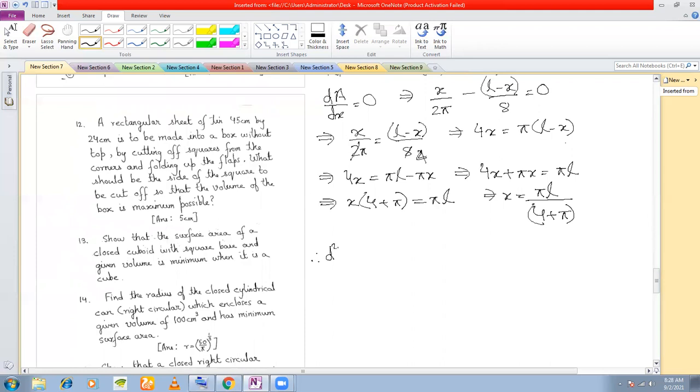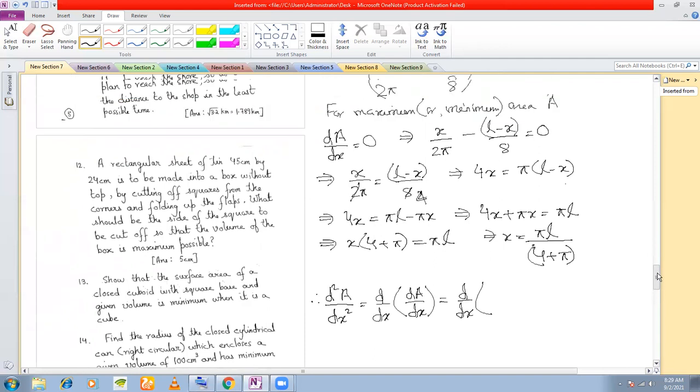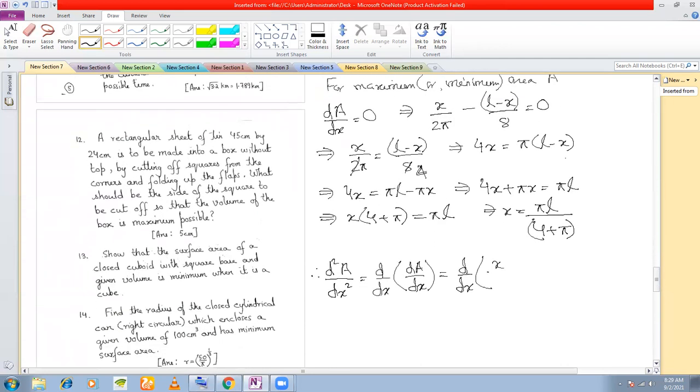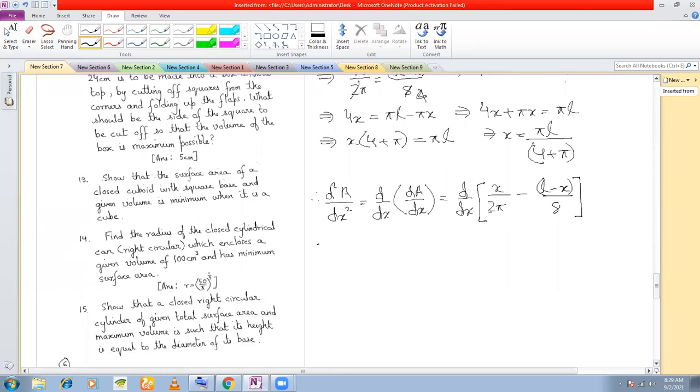Therefore, d2A/dx2 is d/dx of dA/dx. dA/dx here is x by 2 pi minus, let me give box brackets, (L minus x) divided by 8. d/dx of x by 2 pi is simply 1 by 2 pi, into d/dx of x, which is 1, minus 1 by 8 d/dx of (L minus x), which is 0 minus 1, which is minus 1.